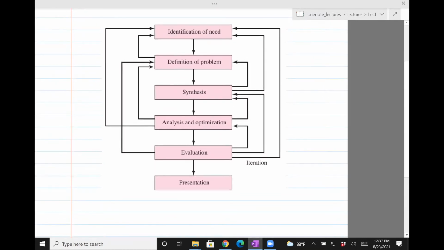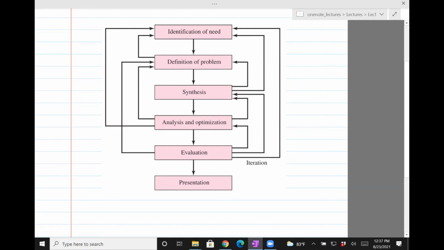It could be a car, it could be a bicycle, it could be a plane, or whatever you want. And then you basically go through the process of design, which is basically the next 3 steps, which is you synthesize based on your problem, you analyze, write equations, see what the forces are, compute quantities of interest, you evaluate that.